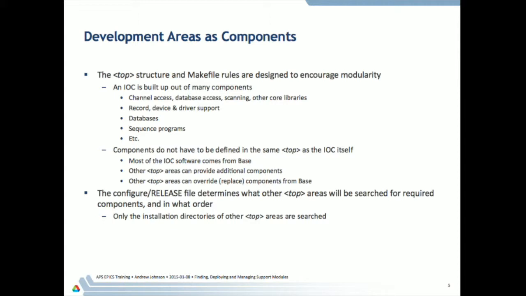So the include, dbd, db, and the bin and the lib directories. We never search the app directories or the IOC boot areas or those other things. So we're only searching the installed components. We're not searching the source code itself.